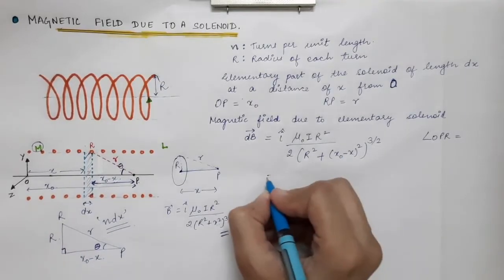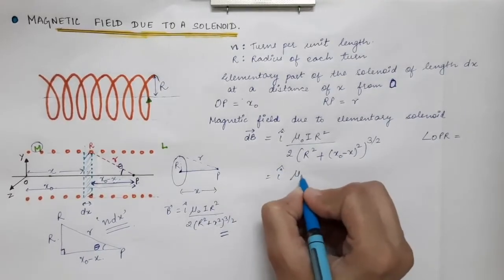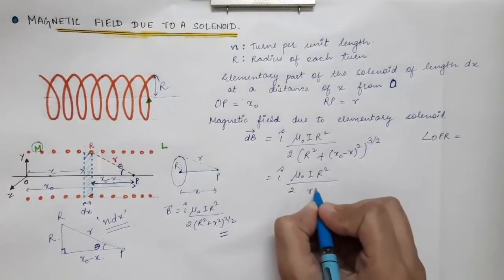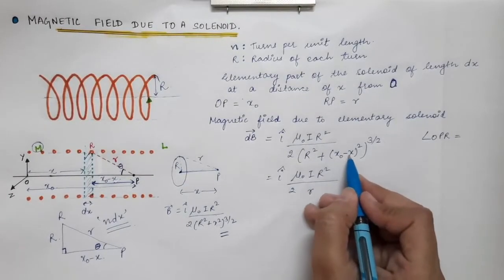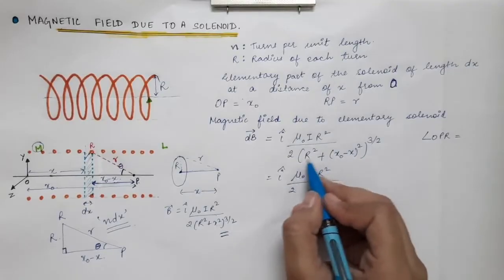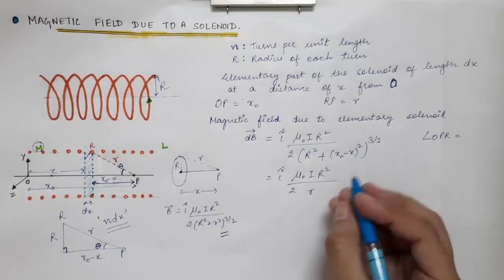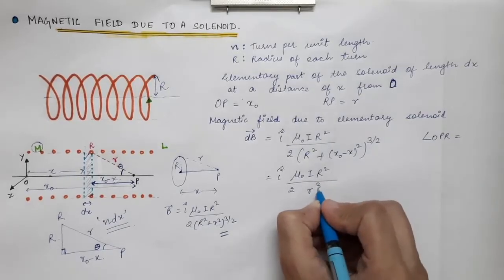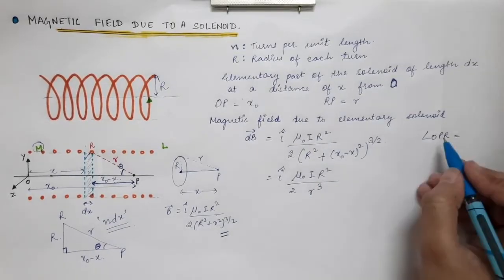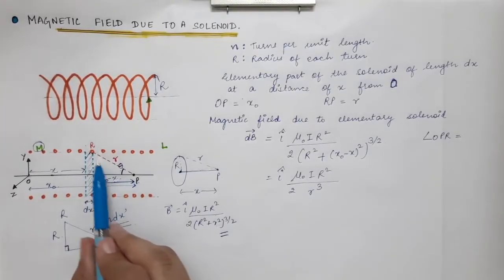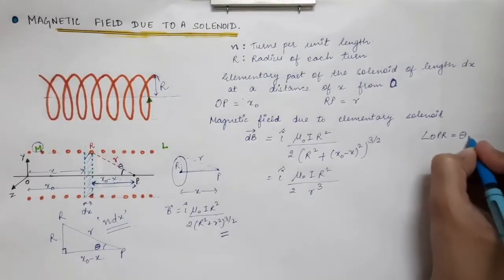So this expression can be written in terms of small r. Then the square and this square root will cancel, and you will be just left with r cube. So this angle OPR which we have supposed is equal to theta.